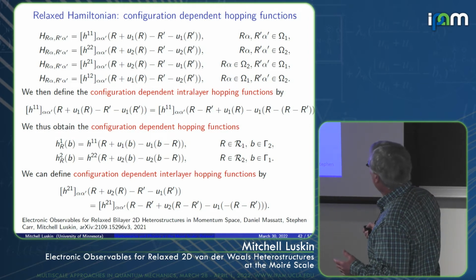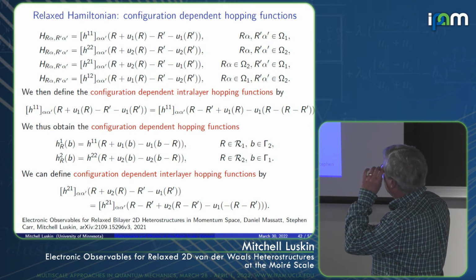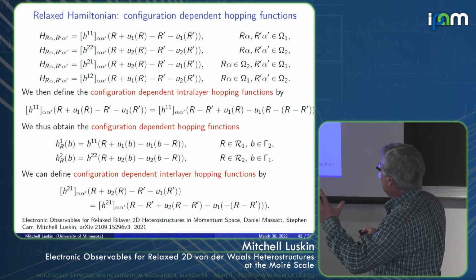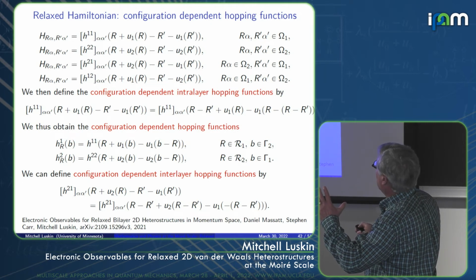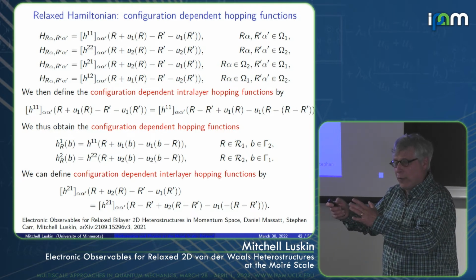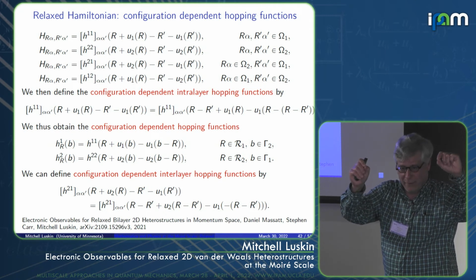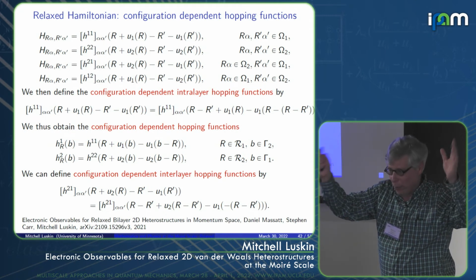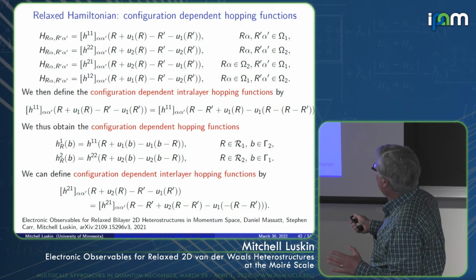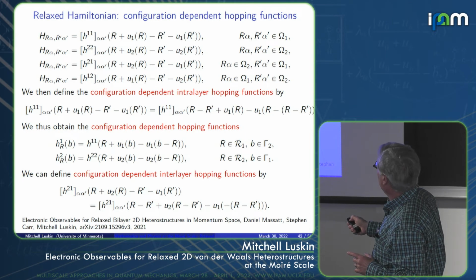All these terms, the hopping functions, these matrices, are in real space and need to account for the displacement, because it's all about the distance between atoms, or orbitals. So we have to replace R by R plus U1 of R.